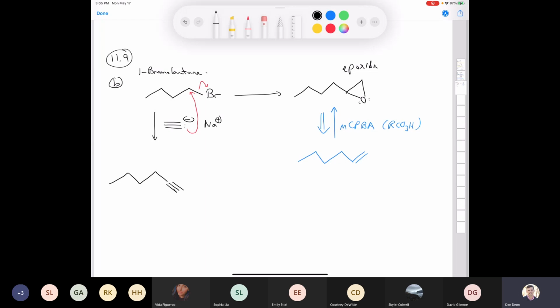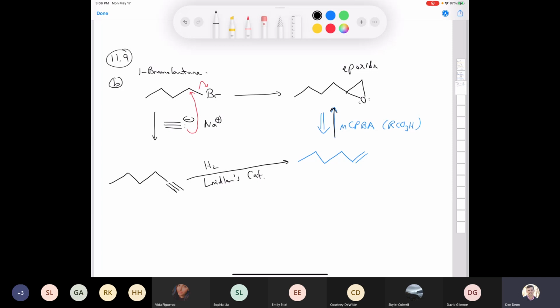We end up with 1-hexyne. And then if we want to convert that into the alkene, well, then we can just do selective reduction. We could either choose sodium and liquid ammonia, or we could use hydrogen and Lindlar's catalyst. So Lindlar's catalyst like that. And so it's a total of what? We got 1, 2, 3 steps. So not too bad, a 3-step synthesis.